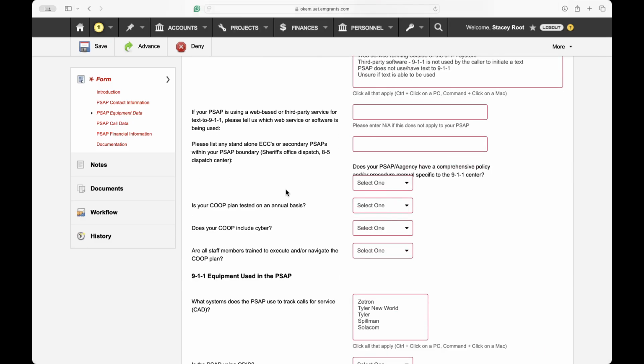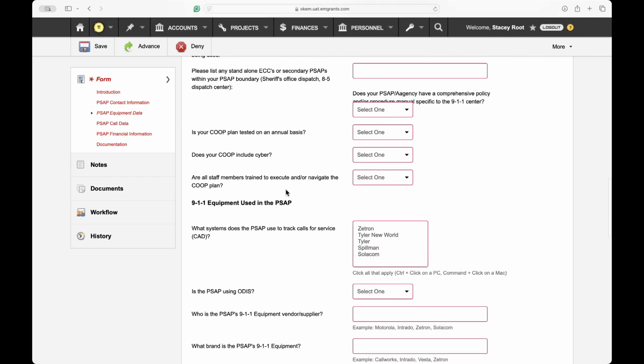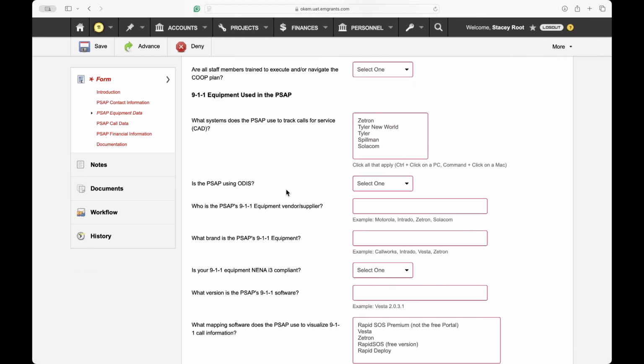Yeah, so the next question's mine. So the next question is 911 equipment used by the PSAP. And it's right there at the bottom, right? Okay. Who is the PSAP's 911 equipment vendor supplier?